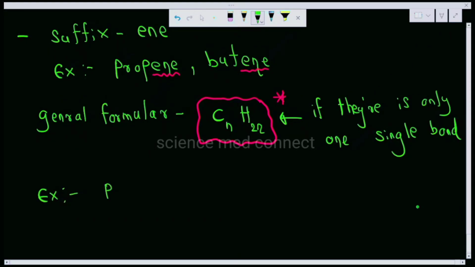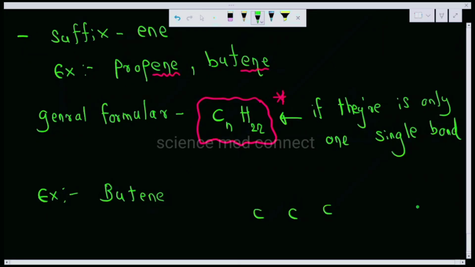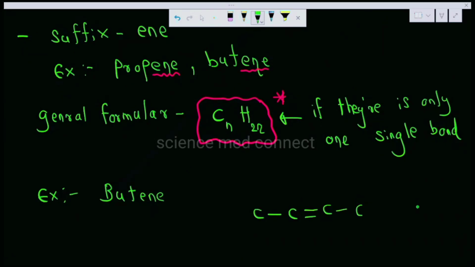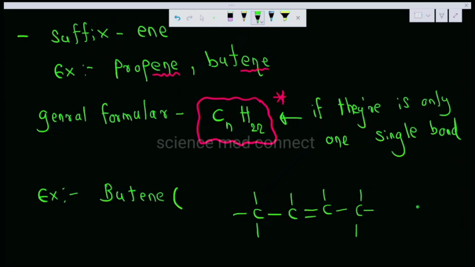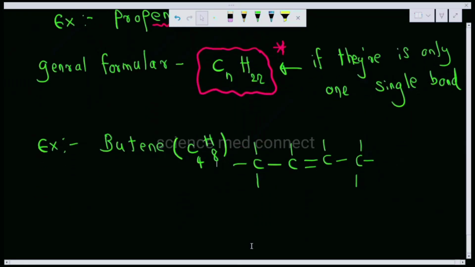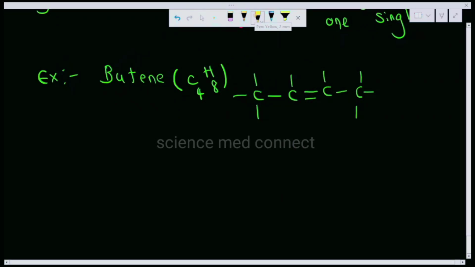Okay, now let's look at examples for alkene. Butene contains 4 carbon atoms, and you can see there is a double bond between second and third carbon atom. So butene is an alkene.